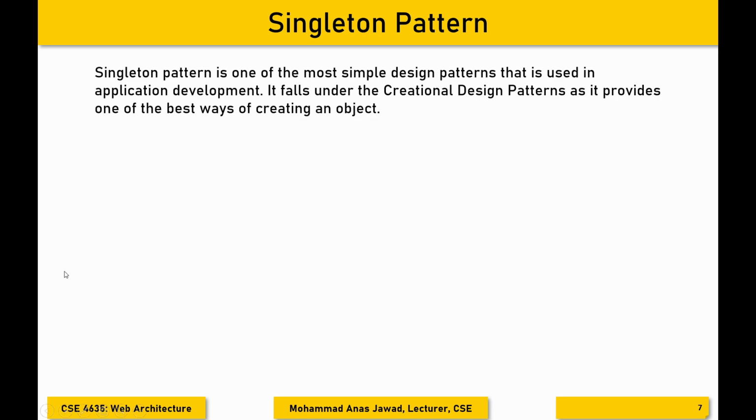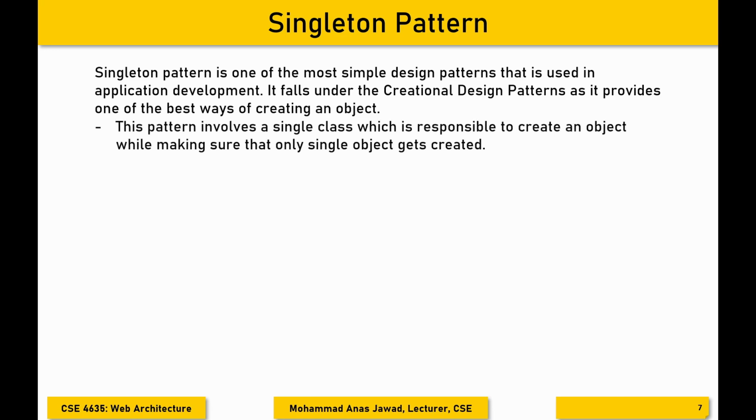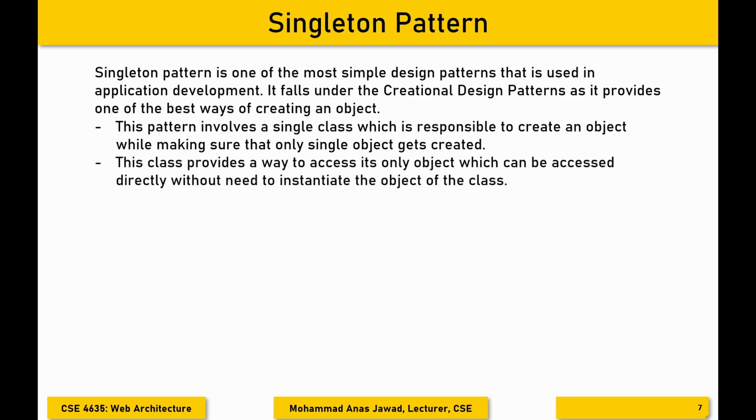What kind of problems does the Singleton pattern aim to solve? The Singleton pattern is used when we need to create a class and make sure that we always have a single instance of that class. Also, the Singleton pattern provides a very good way of getting access to that single instance without needing to instantiate another new object of that class.